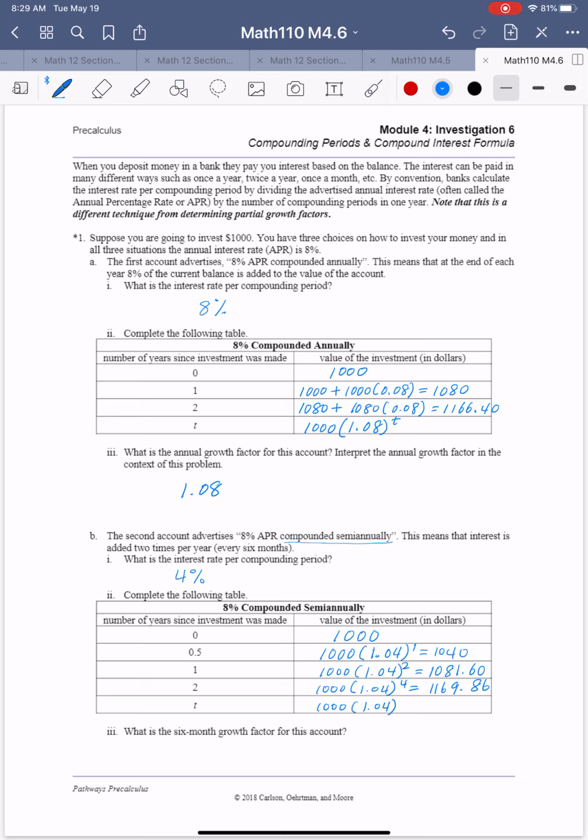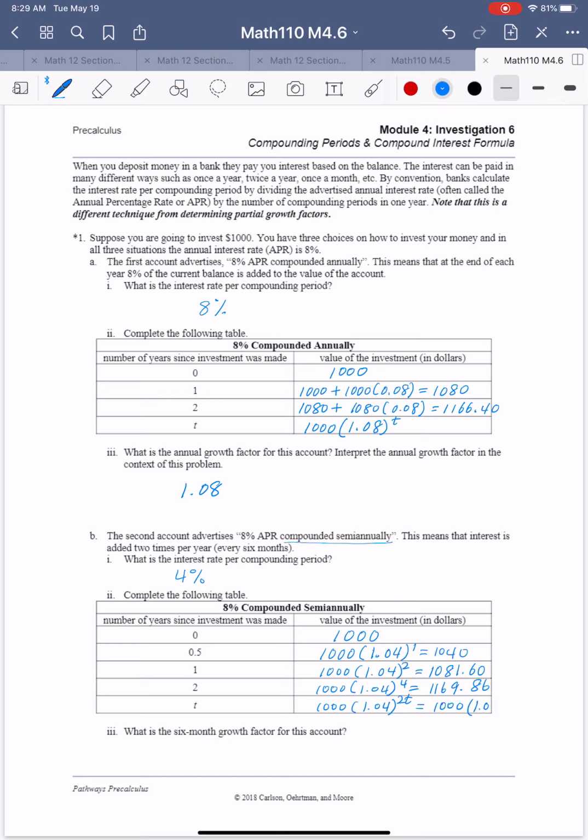And then for t years, 1,000 times 1.04, and you just need to put the 2t power because you earn interest twice every year. 1.04 squared becomes about 1.0816.